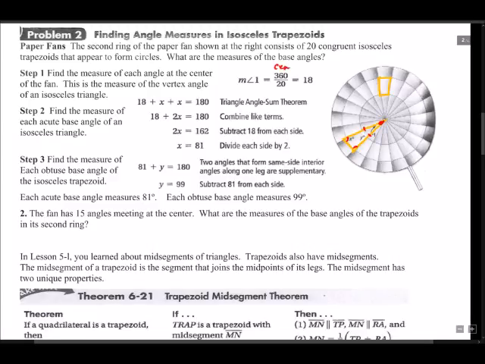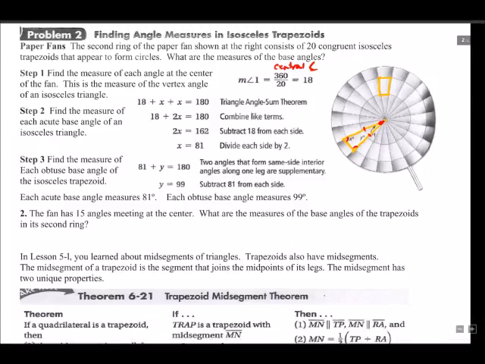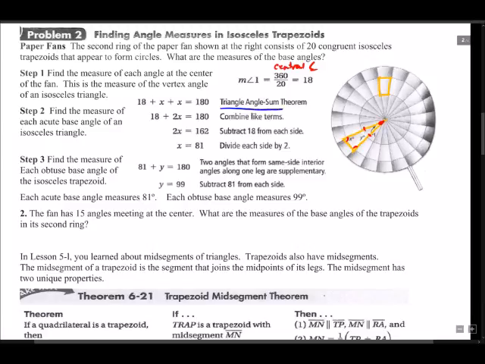This is called the central angle, because we know an entire circle is 360. If we divide that by 20, we get 18 degrees. So if we know that's 18 degrees, then we can use the triangle angle sum theorem. Let's redraw. We're using these parts. Here is our trapezoid, our isosceles trapezoid, and we are using this triangle to get these base angles.